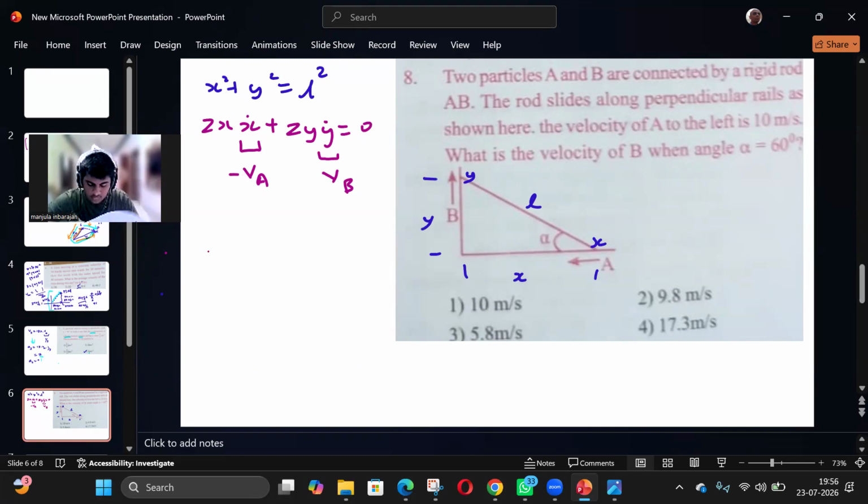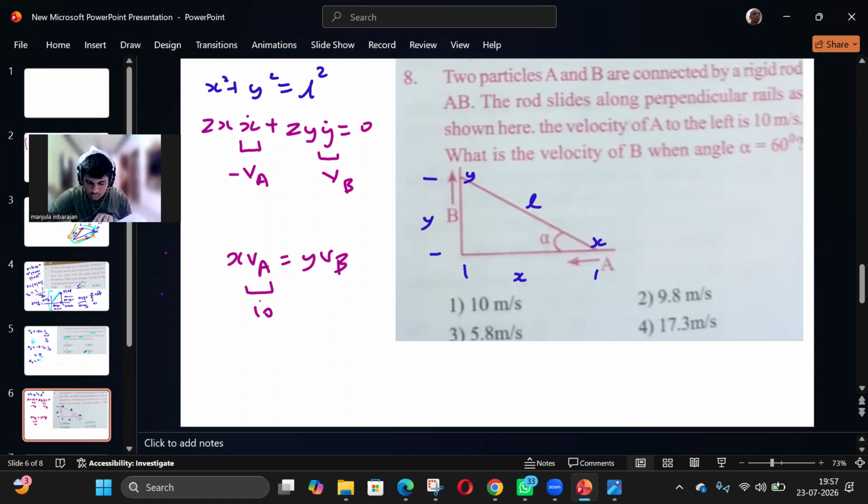So from this I get the relation: x times VA equal to y times VB. VA is given as 10.